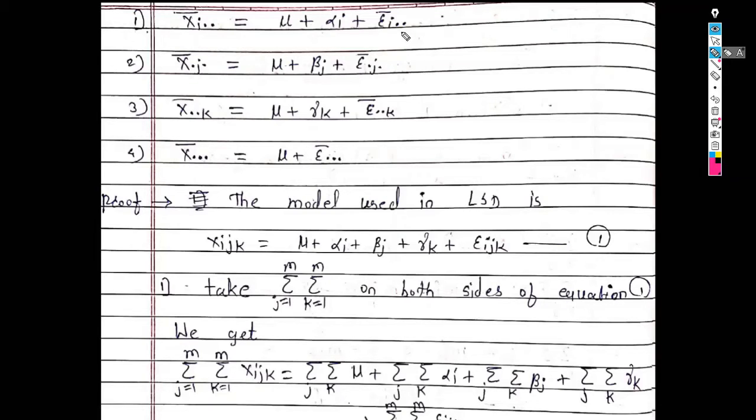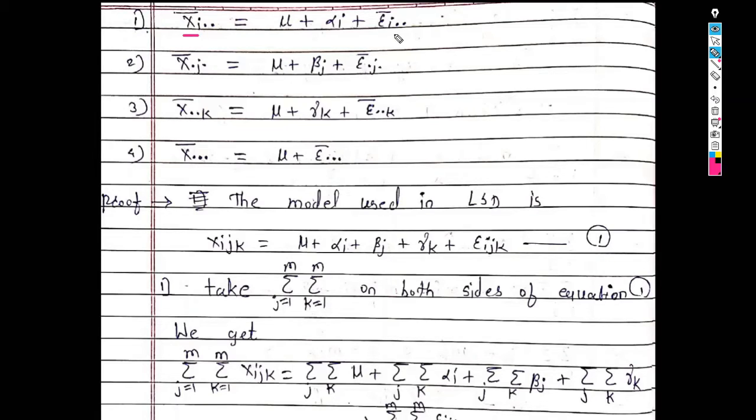Now we will discuss some expressions about the ith row mean, jth column mean and kth treatment mean, and the last one is the grand mean. Our first statement is for the ith row mean: x i dot dot bar equals mu plus alpha i plus epsilon i dot dot bar.